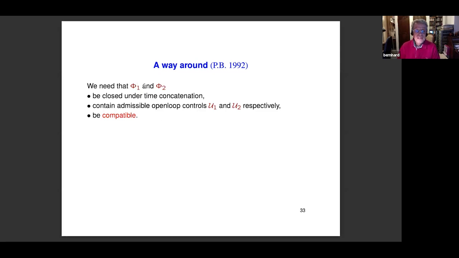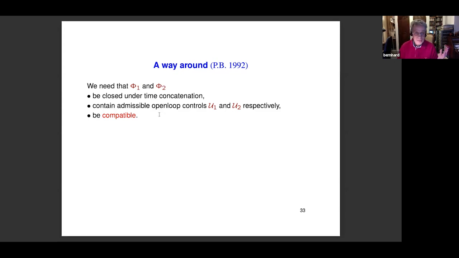We want the sets of admissible strategies to have the three properties which I wrote here. They need to be closed under time concatenation. Otherwise, you don't have dynamic programming, you don't have the Isaacs equation, you don't have Pontryagin principle either because you don't have strong variations and so on. You want them to contain admissible open loop controls, by which I mean that the players are allowed to just ignore the states.